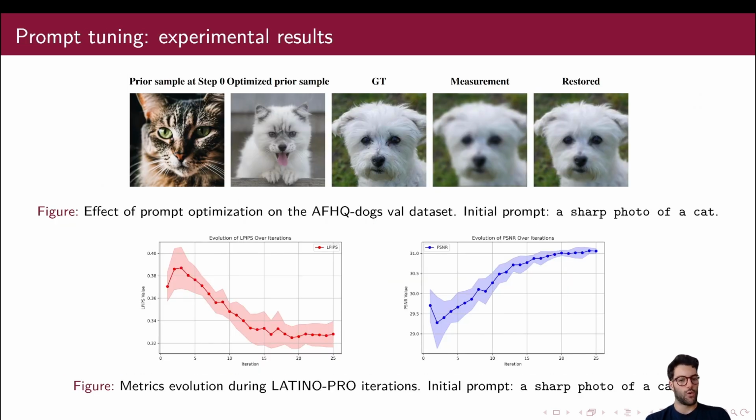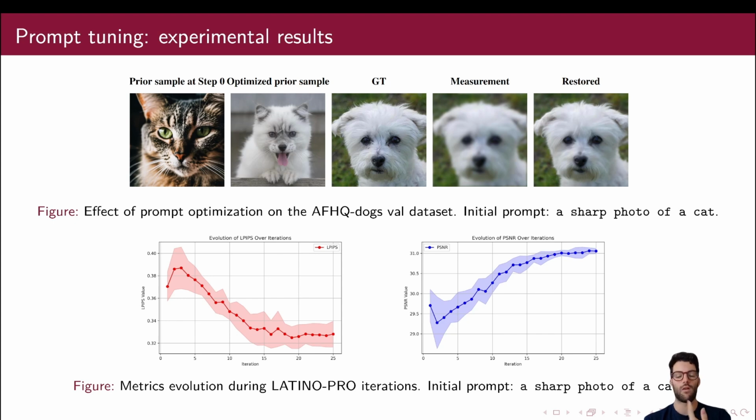While when we also want to optimize the prompt, so in the LATINO-PRO case, we can actually see how metrics like LPIPS and PSNR improve when we optimize. These graphs below show that if we start, for example, from a wrong prompt, like a photo of a cat when actually we want to restore a dog photo, like the one above, we have at the beginning a larger LPIPS and a lower PSNR.